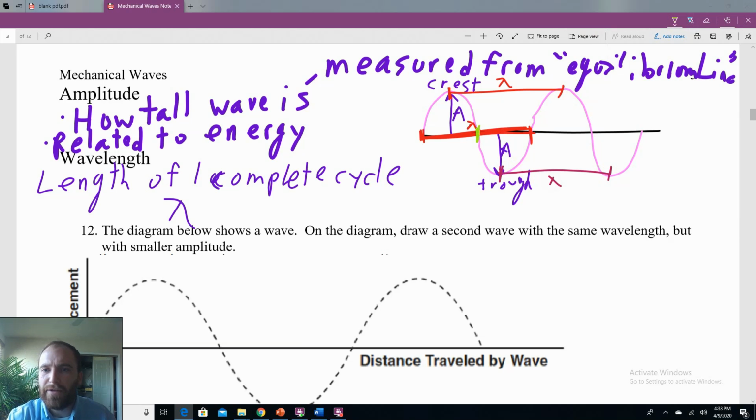Here is where we're going down on the wave as we go this way. I know that we went from that 0 point to the 0 point. See how this is where we're going down and this is where we're going up. So here we go all the way down, all the way up, and then back to here would be one complete wave. So this is also a wavelength.